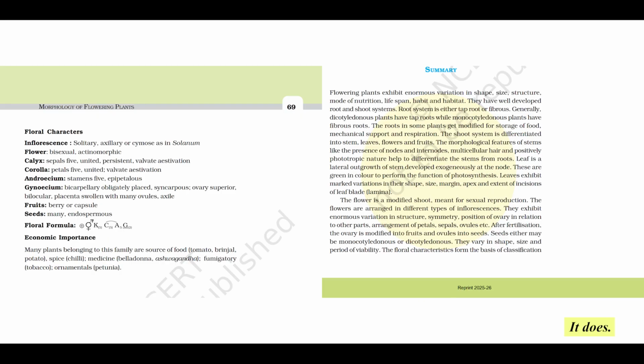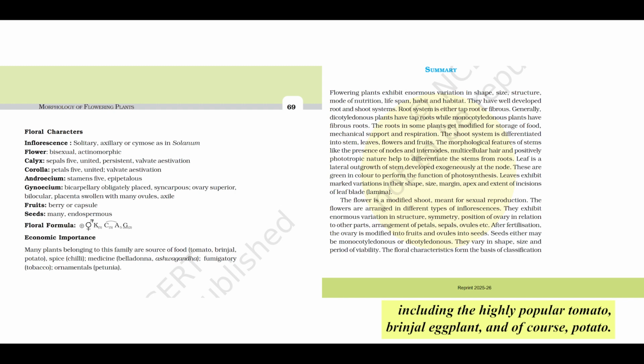It does. And lastly, the economic importance of Solanaceae is vast, showcasing its huge impact on our daily lives. Many plants from this family serve as crucial food sources, including the highly popular tomato, brinjal, eggplant, and of course potato. Chili, a staple in Indian and global cuisine, is a widely used spice.